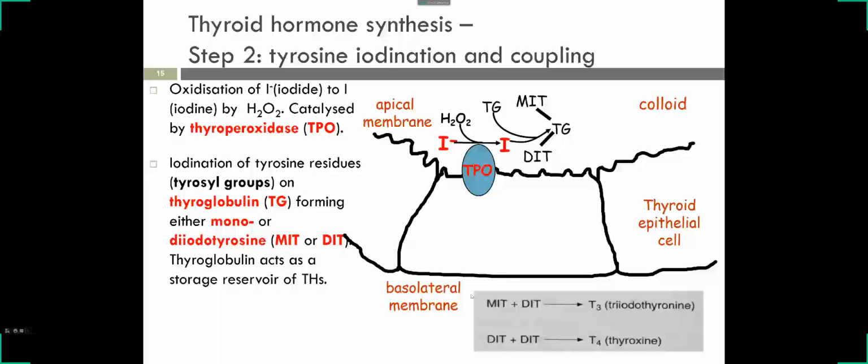Imagine a train traveling from Shanghai to Nanchang, a very long train with lots of cars, and as you pass each province, you take off a few cars as you need them. This is very similar for thyroglobulin.